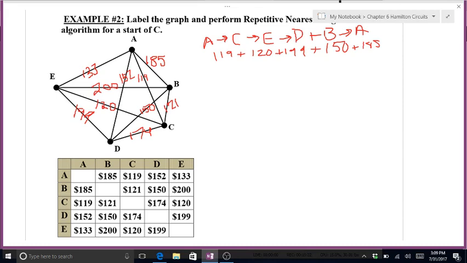Go ahead and grab your calculator and add all those up. 119, 120, 199, 150, 185. This gives me a grand total of 773.